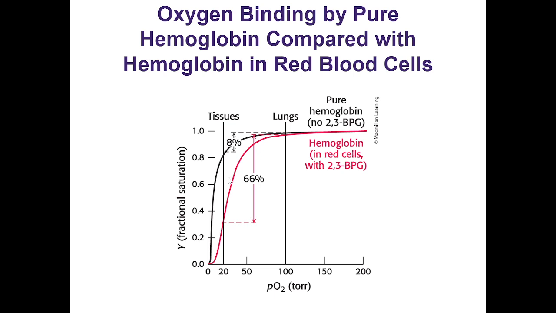The presence of 2,3-BPG causes this sigmoidal curve to shift over this direction, lowering the affinity, i.e. shifting into the pocket we actually want for the oxygen partial pressure difference between the lungs and tissue. That's another way of saying that.